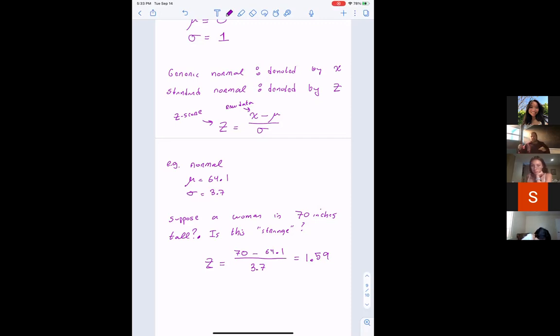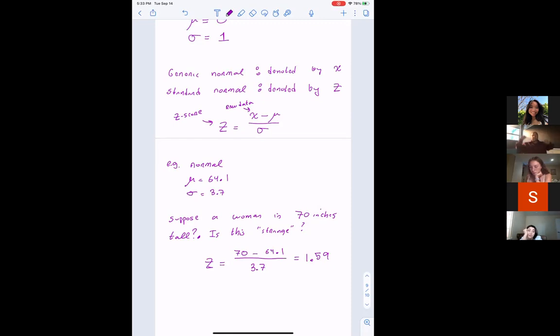If you leave out the parentheses, then what you're doing is 70 minus 64.1 divided by 3.7, and 70 minus that number would give you 52.67. Make sure you don't make that mistake because it's a bad mistake to make. So here's our answer. The z is 1.59.